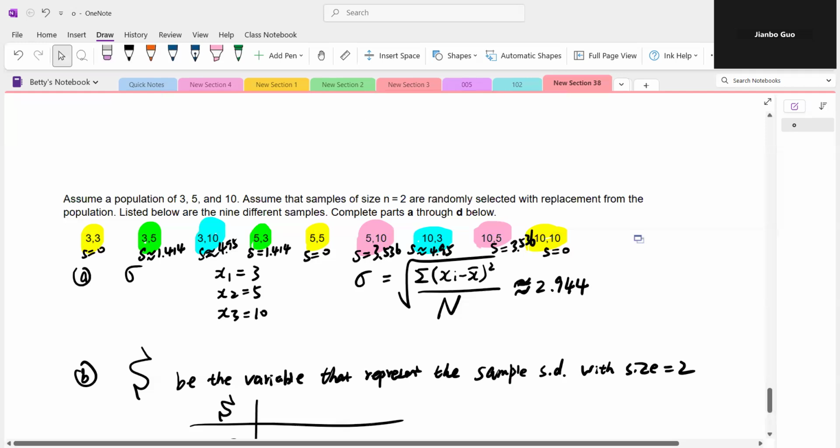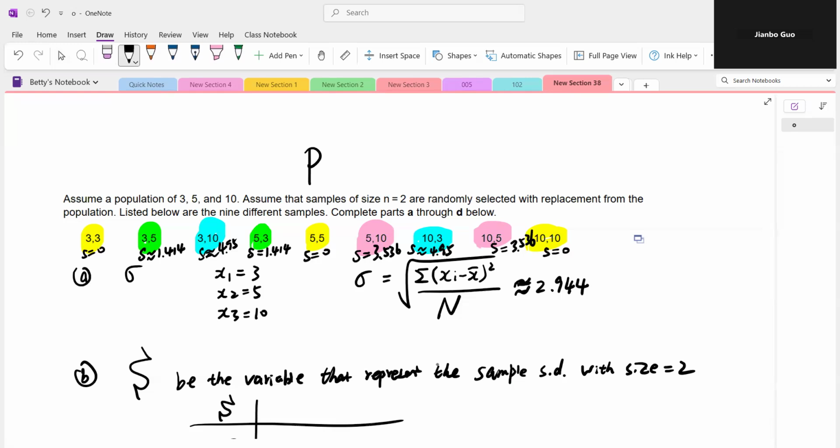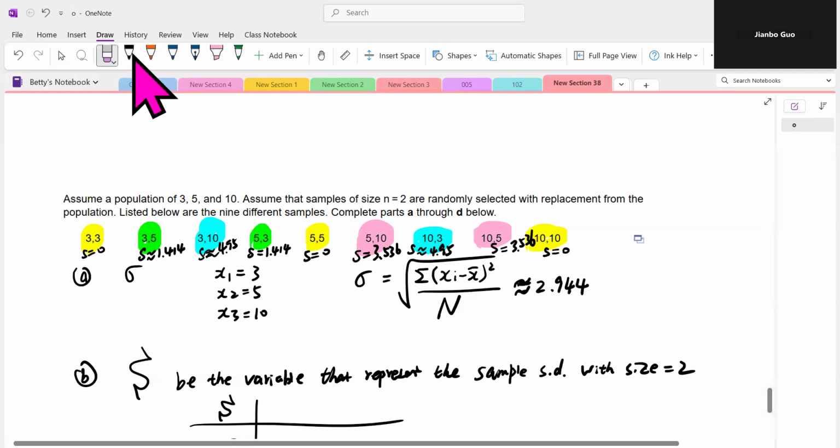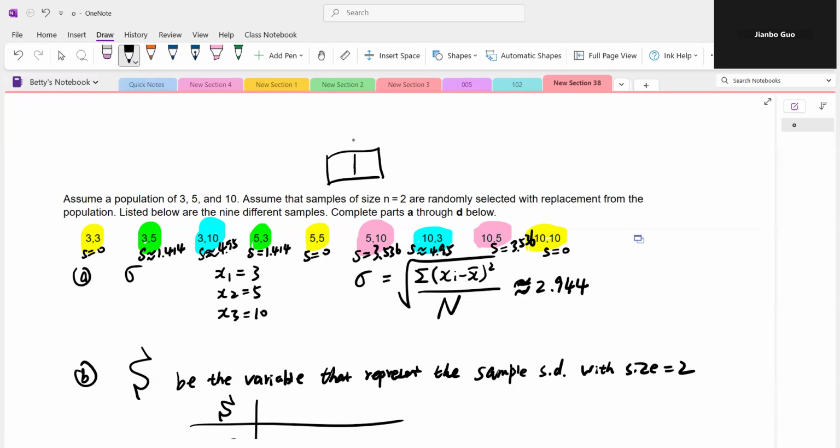So 3 by 3 equals 9, because it's with replacement.